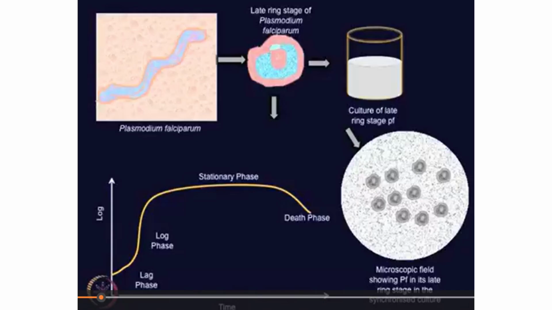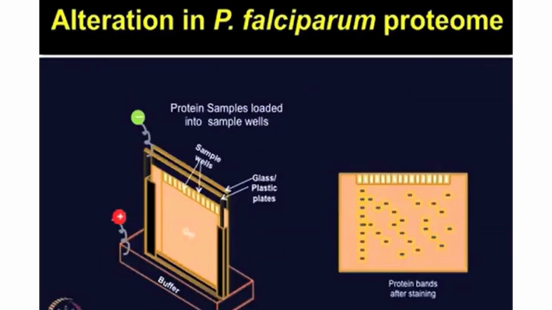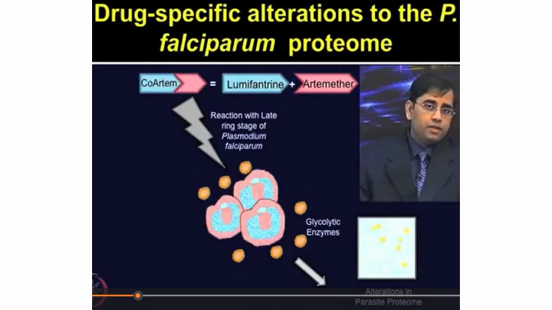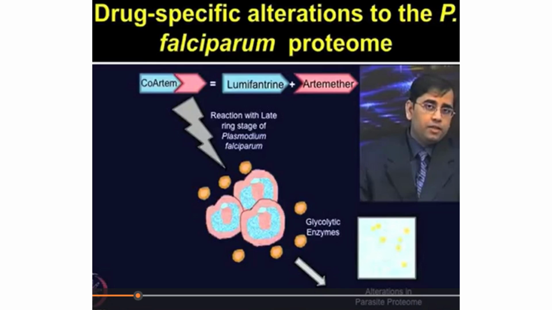Then one more example, malaria, was given: how exactly malaria grows, and once you have that, how you can extract the protein out of it. You run the gel, and then see how specific drugs have affected it. So this is another approach for proteomic analysis. One specific drug is given, and because of the presence of that drug, how exactly the proteome is getting changed.